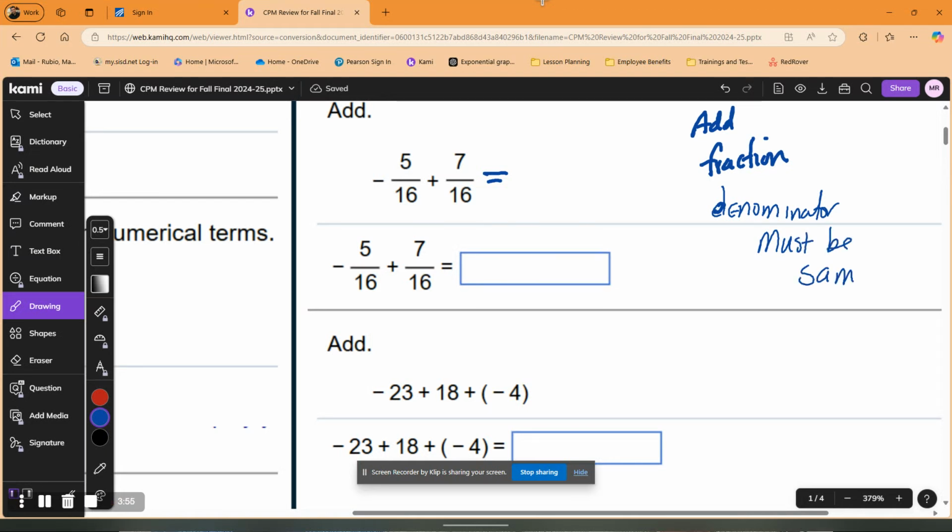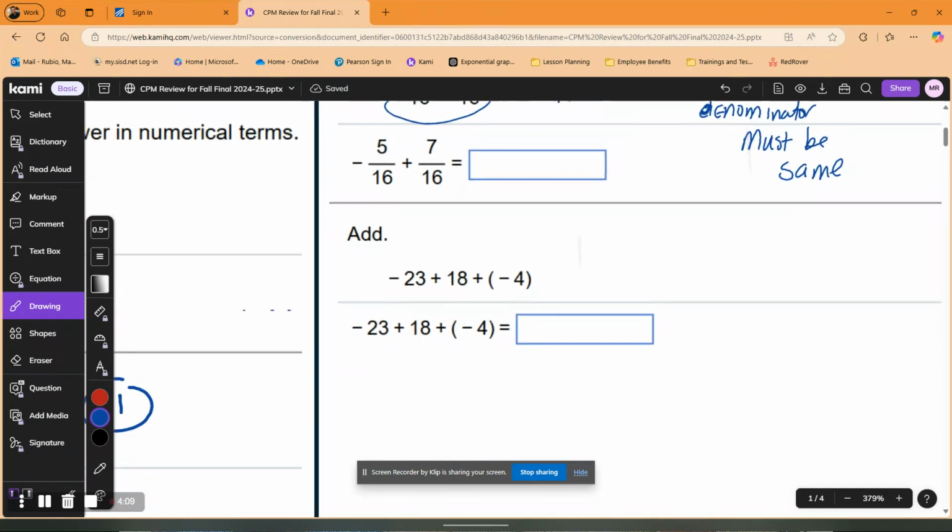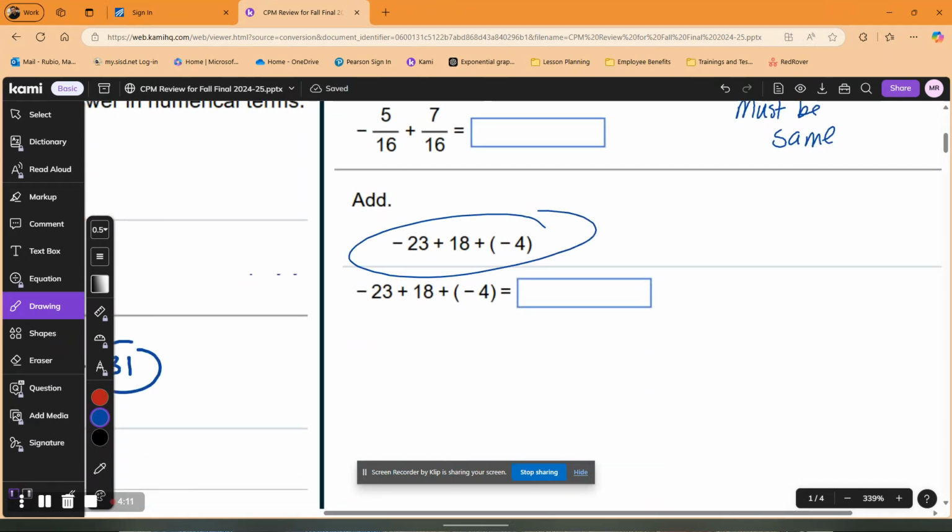You have to make sure denominators are the same, otherwise you can't add them. When you're multiplying, it doesn't matter, but when you're adding, you have to make sure the denominators are the same. So this just becomes negative 5 plus 7 divided by 16. You finish that out and you'll be all set. This is another order of operations, except right here we need to distribute that positive and negative.